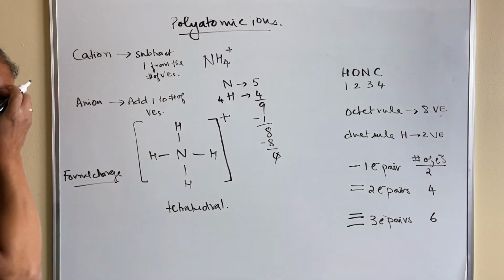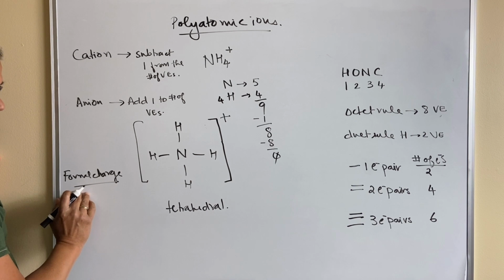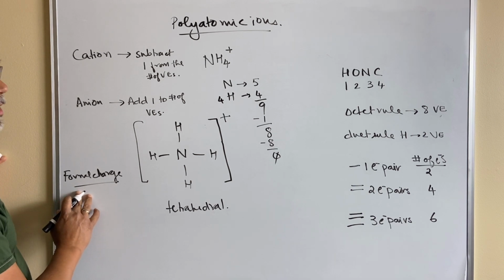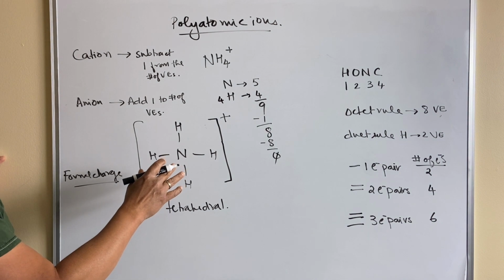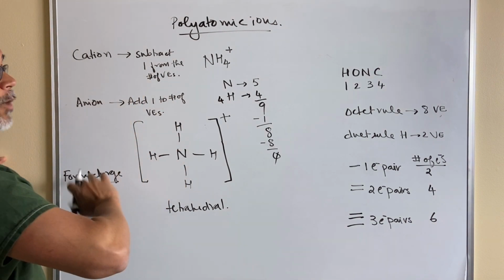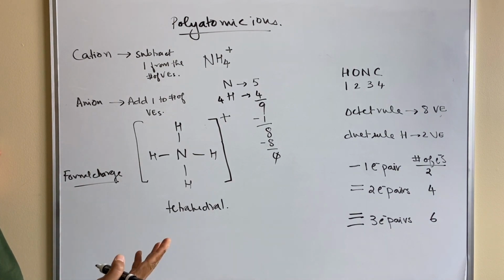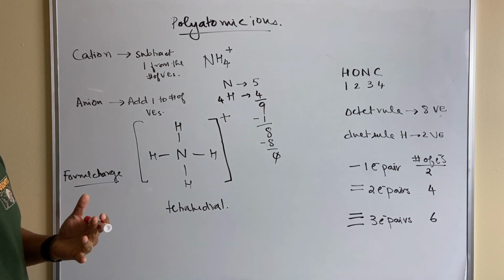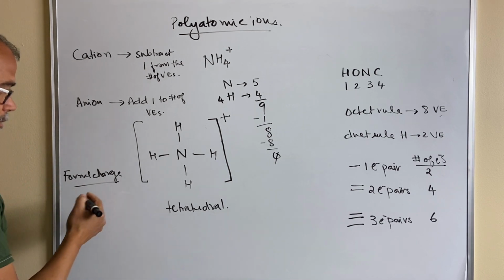So a formal charge is basically, you can think of it as a net charge, which tells you once all the electrons come together, what did the atom begin with? So how many valence electrons did it begin with, and how many does it end with? So it's a way of bookkeeping, okay? Chemical bookkeeping, if you think about it.